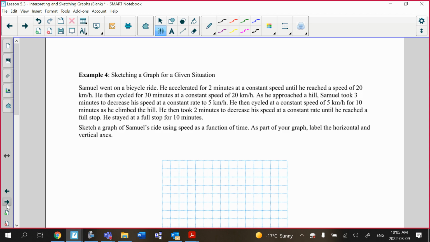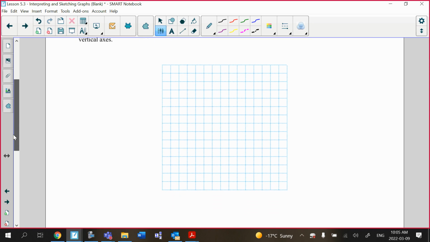So that's the first thing that we can do, is draw our axes and label them. So we've got speed in kilometers per hour, I believe.